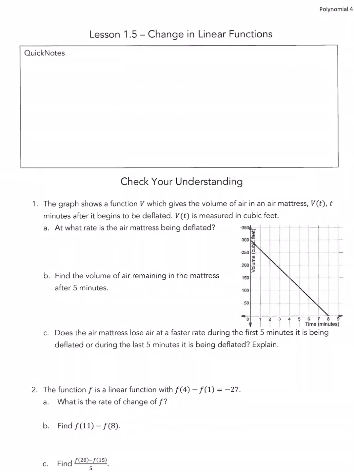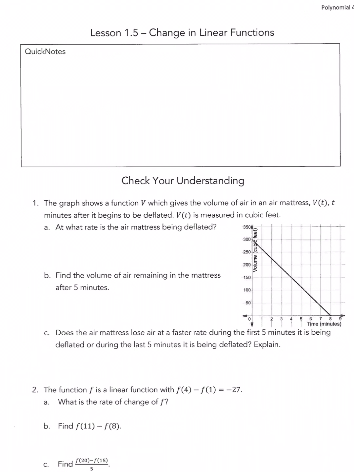So what did we learn? Quick notes. What we learned here, and let's do learning target 1 for this lesson, is that linear functions have a constant rate of change. We know that. Now, how do we find that constant rate of change?